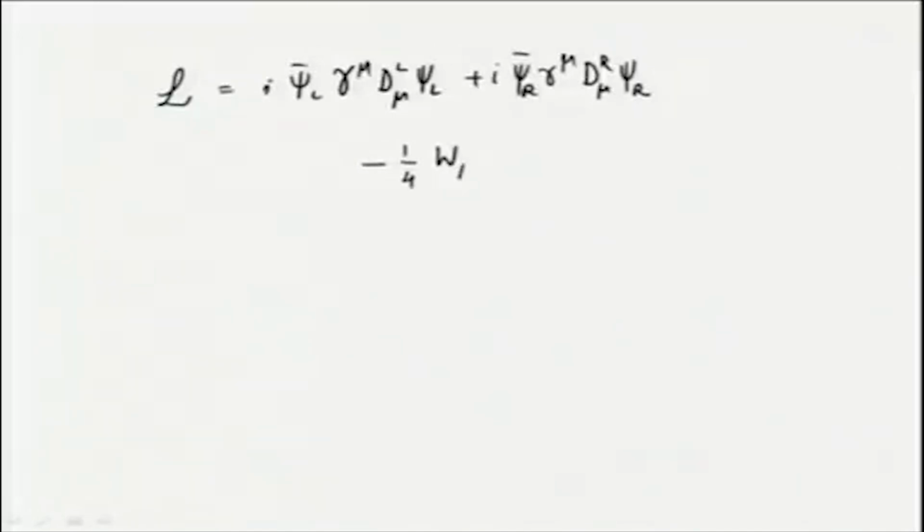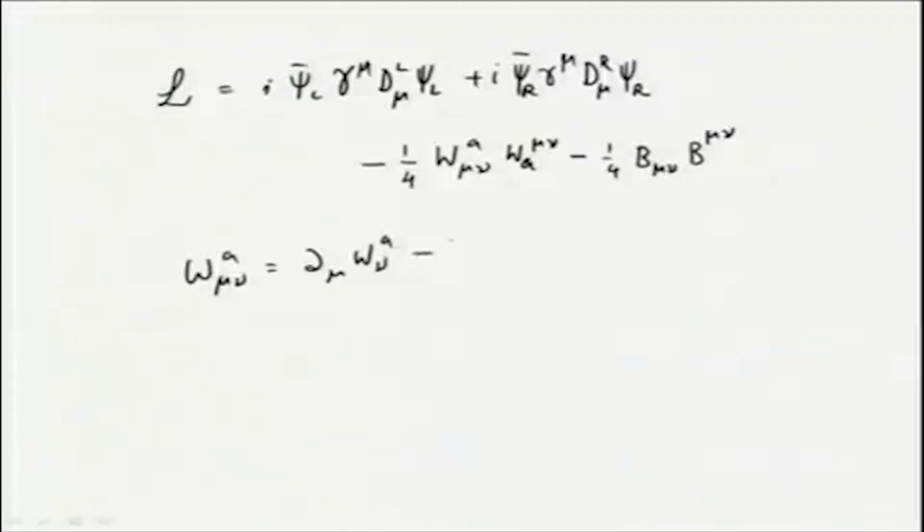So, it is the usual notation that we consider −1/4 W_{μν}^A W^{μν A} − 1/4 B_{μν} B^{μν}, where W_{μν}^A is defined in an exactly similar way as G_{μν}: ∂_μ W_ν − ∂_ν W_μ, and a non-abelian term g ε^{ABC} W_μ^B W_ν^C.